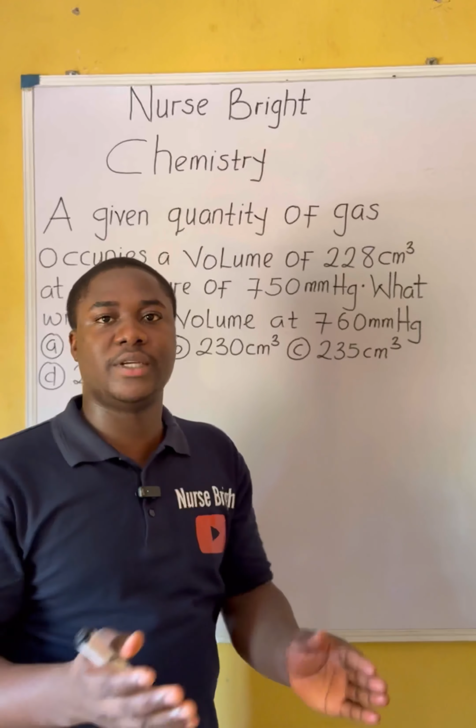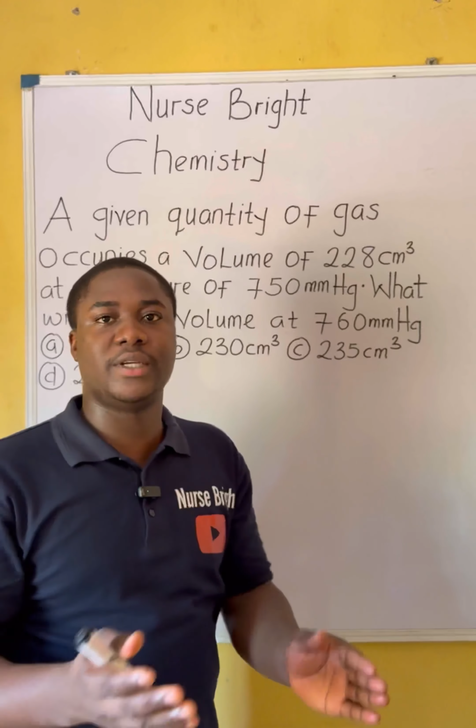Divided by, what is the P2? The P2 is simply the second pressure you saw, and it is 760 mmHg. So when we hit our calculator, the final volume, which is the second volume, becomes 225 centimeter cube. And the answer to this question becomes option A.